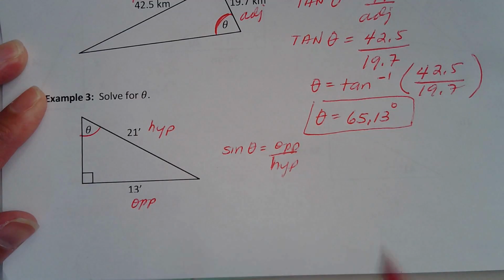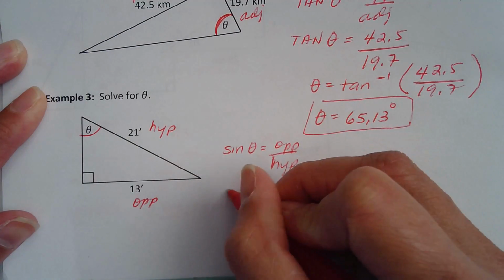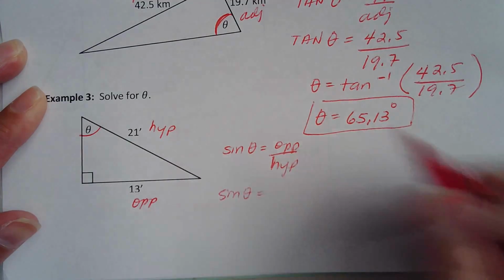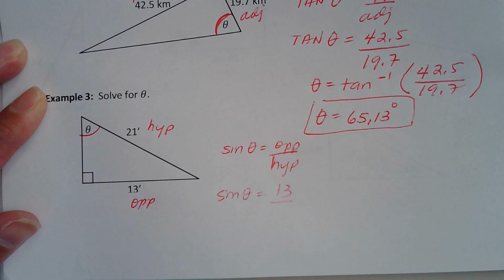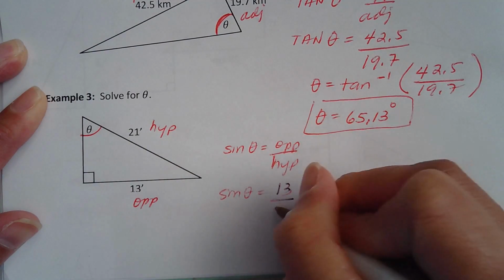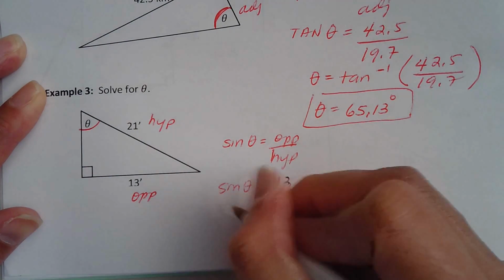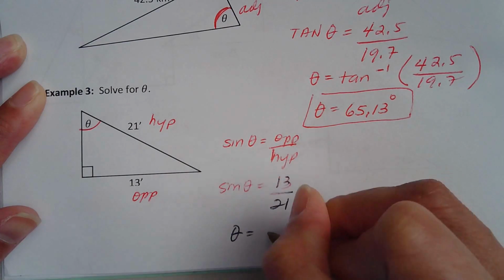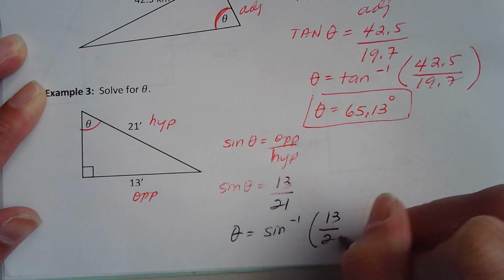Okay, so sine of theta equals opposite, which is 13, over hypotenuse of 21. So what we're going to do is take theta equal to the sine inverse of 13 over 21.